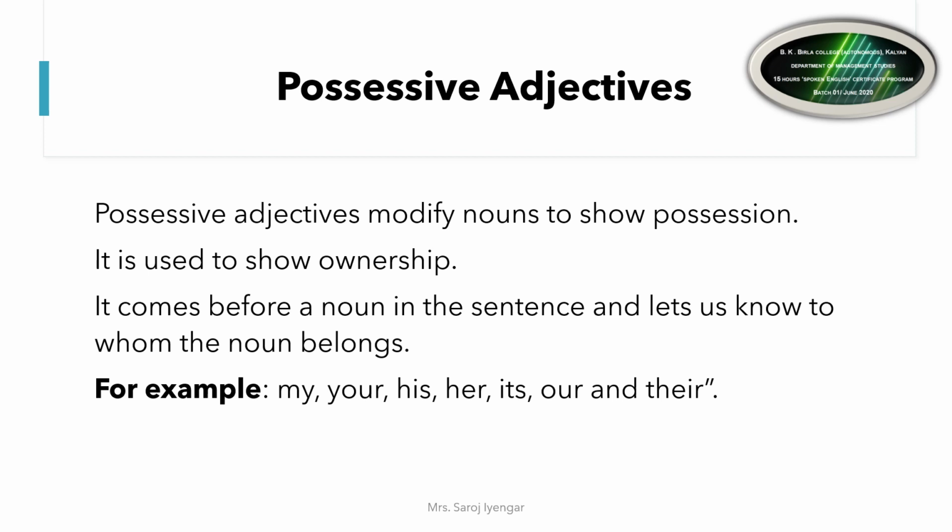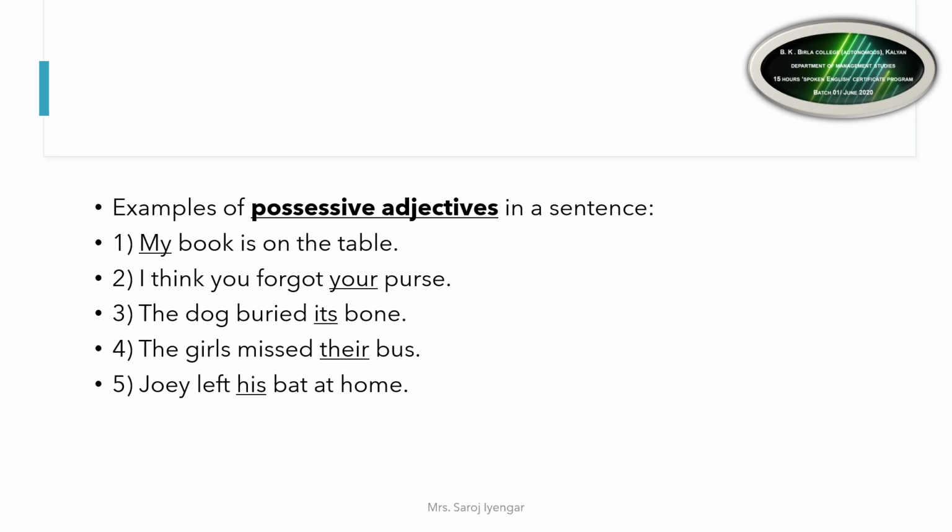So these possessive adjectives again help us show ownership. A few of the examples, all of you can see here: my book is on the table, right? So again it is showing you, it's coming before the noun, and it is helping us know who it actually belongs to. The girls missed their bus. Again, it is helping us know the belongingness.